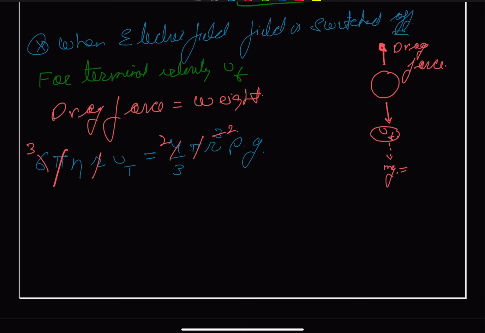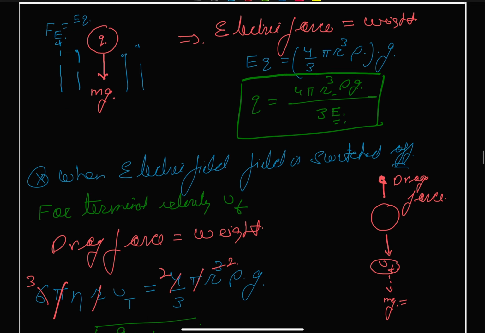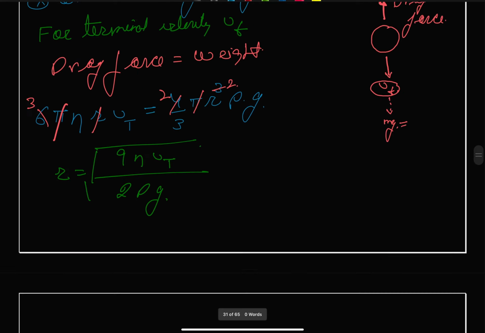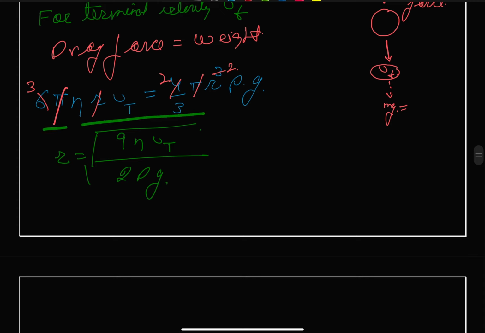We are interested only in r, therefore r is equal to the square root of 9 nu Vt divided by 2 rho g. Let us call this equation number 1 and this equation number 2.